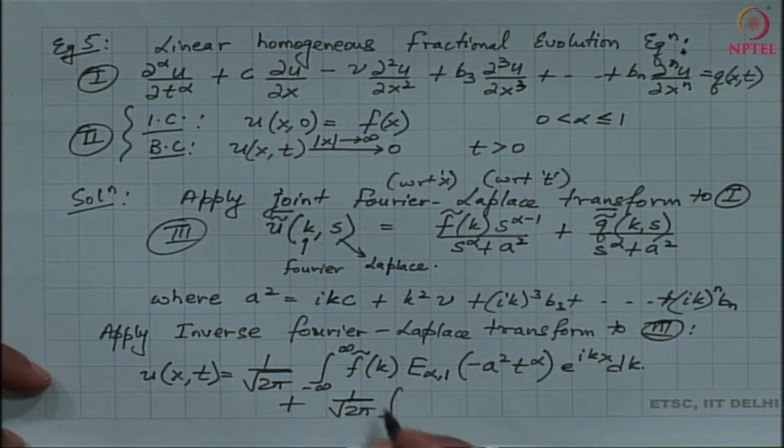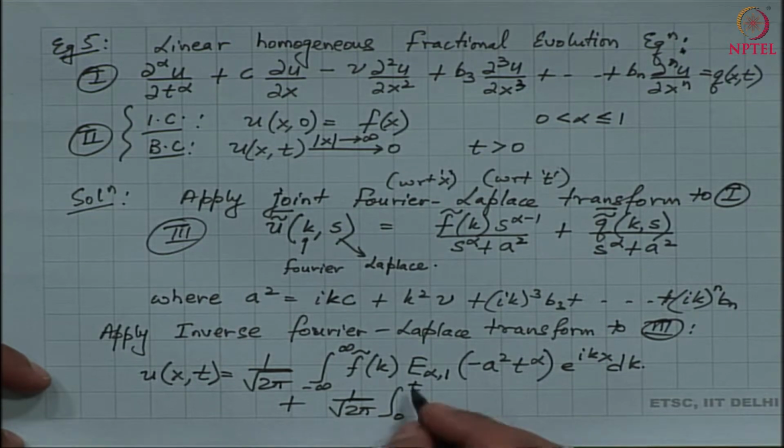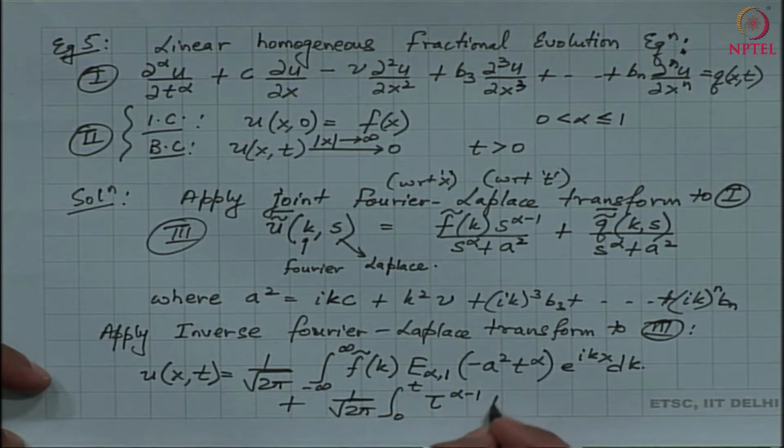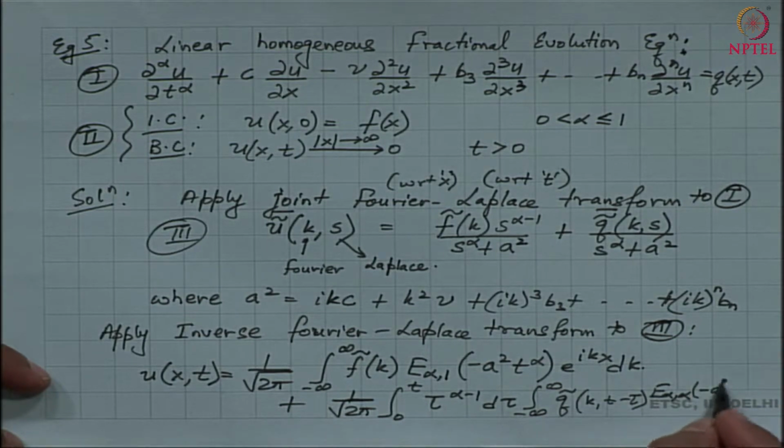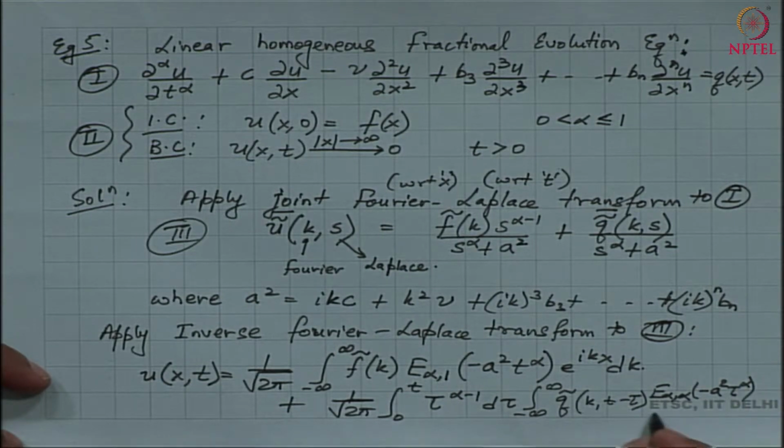I see that this is going to be the Fourier inverse of the convolution integral. The convolution integral is as follows: 0 to t, tau to the power alpha minus 1 d tau, and then the Fourier integral from negative infinity to infinity of q tilde of k comma t minus tau times the Mittag-Leffler function E of alpha comma alpha of the argument negative a square times tau to the power alpha, times e to the power i k x d k.